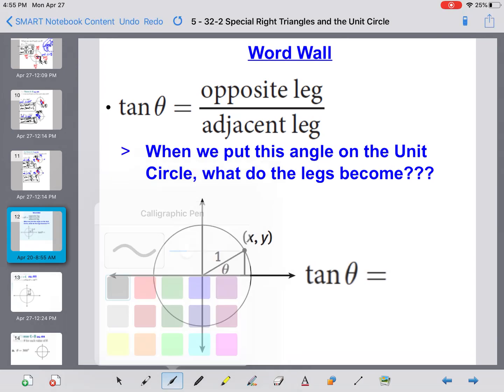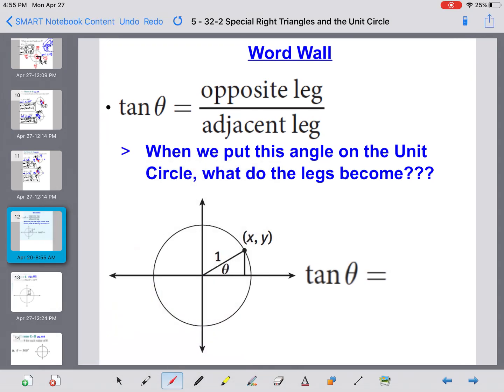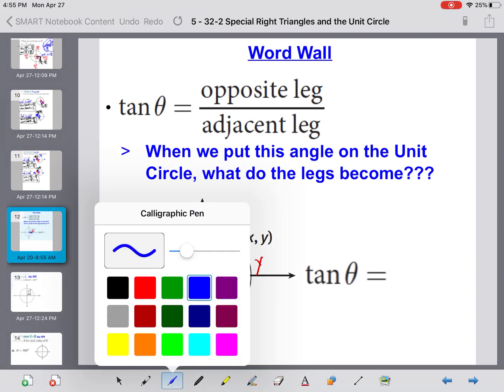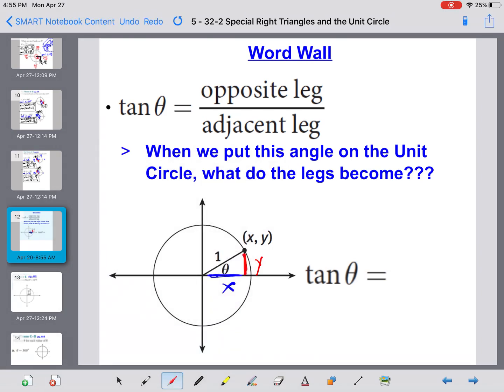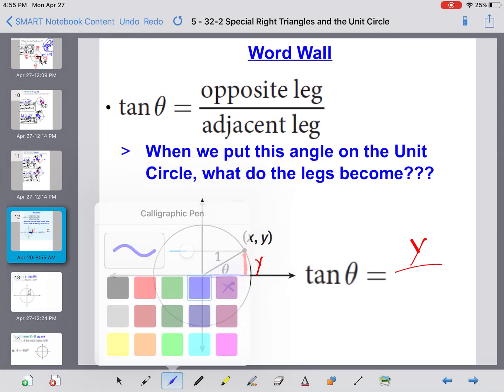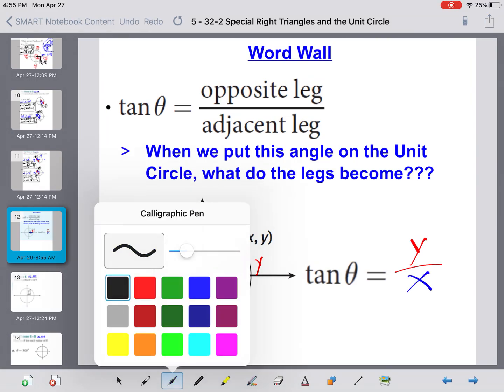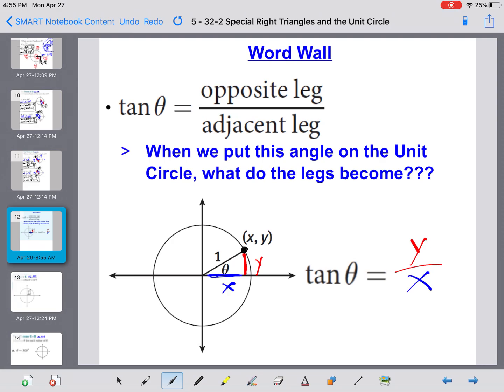So if I put this tangent ratio on the unit circle, if you look at this point here, the opposite leg is going to be this. That's the y value. The adjacent leg is going to be this. That's the x value. So on the unit circle, tangent ratio just turns into the y value of the point over the x value of this point right there. So again, it's just like the sine and cosine.